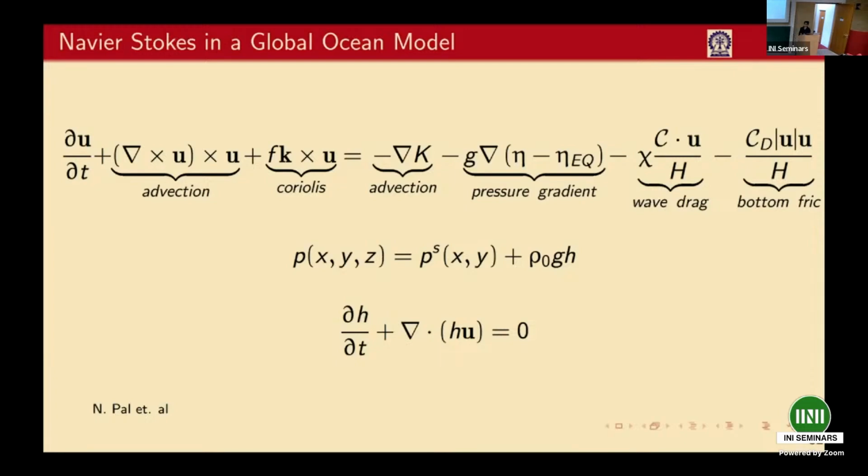Because of the interaction with the flow, that creates a wave drag, basically. And there is a parameterized wave drag that we had used. It is linear in velocity. That's the assumption.